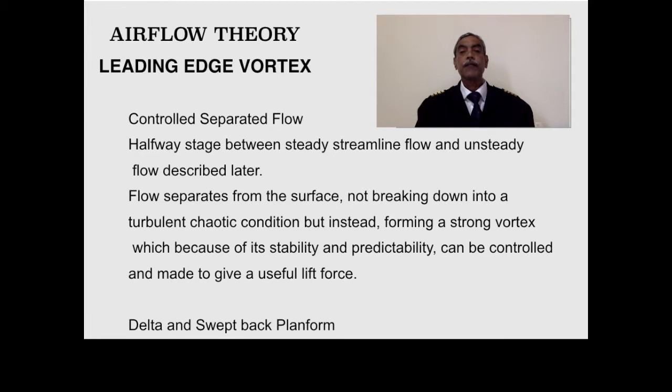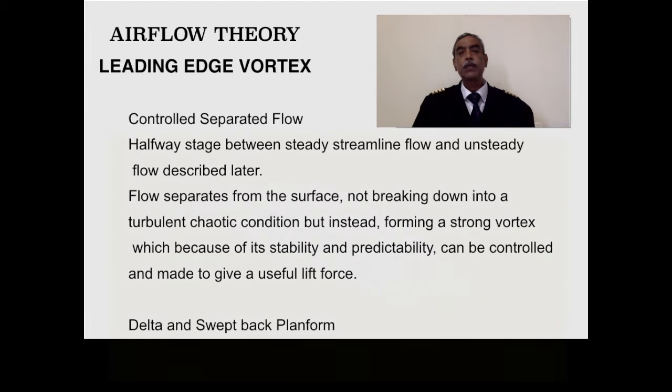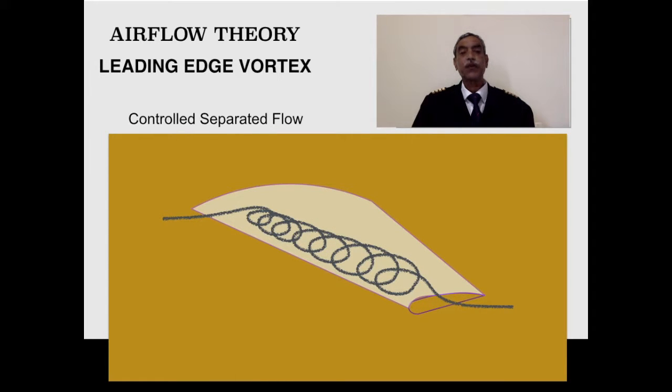So we are going to study it in detail as and when we come across that particular kind of wing platforms and airflows around it. Here I have shown a diagram to indicate how this particular leading edge vortex flow will be. Here I have shown a wing and the airflow.